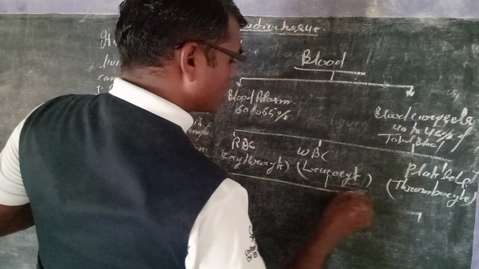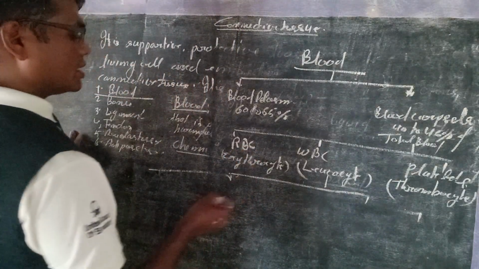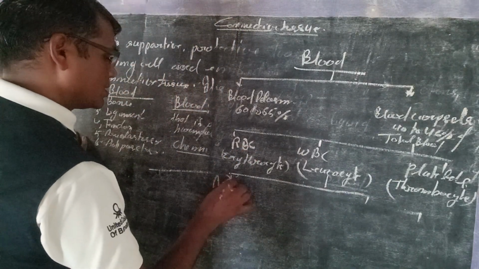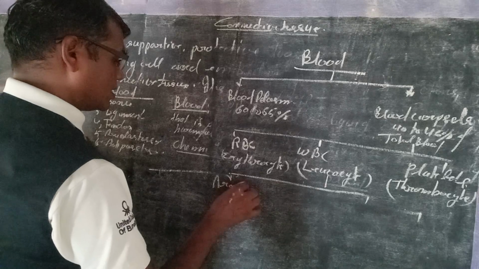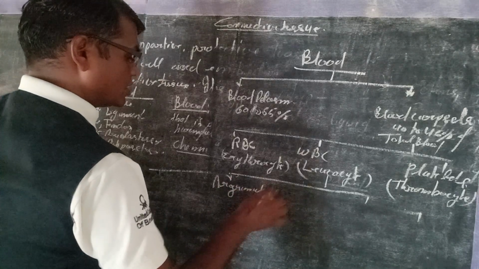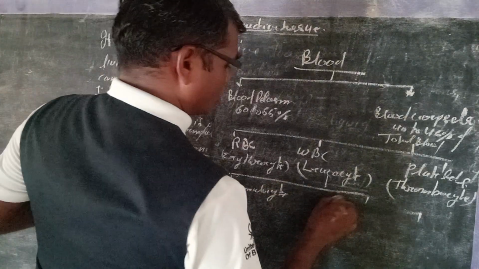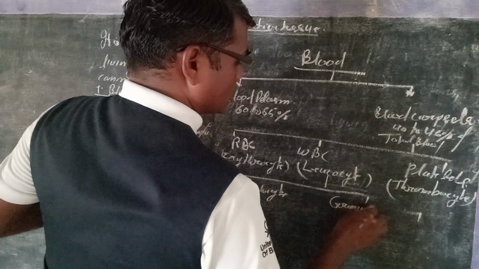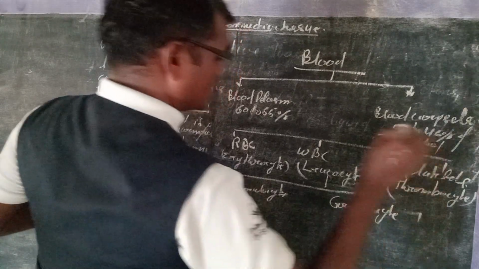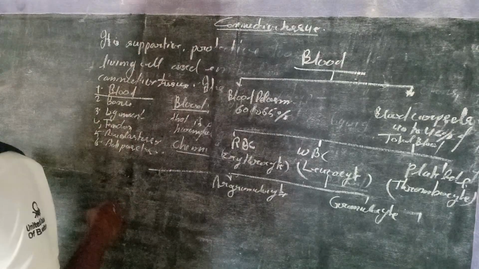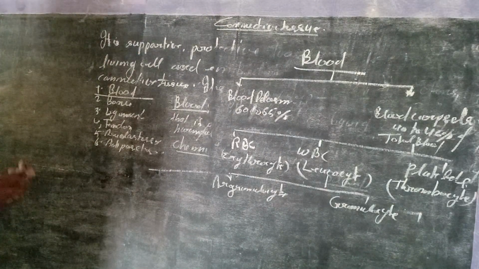Now the WBC, or leukocyte, is divided into two parts: agranulocytes and granulocytes. Granules contain seeds.